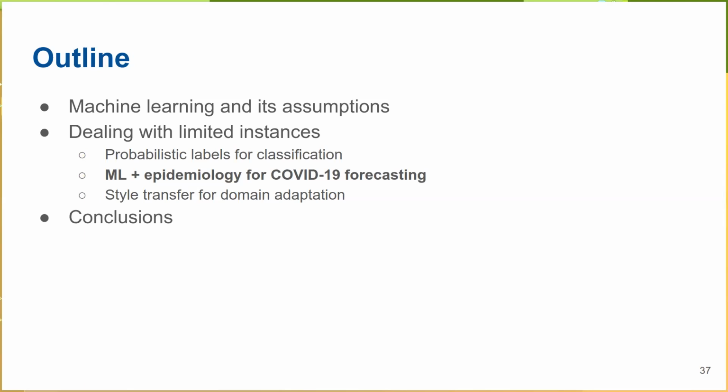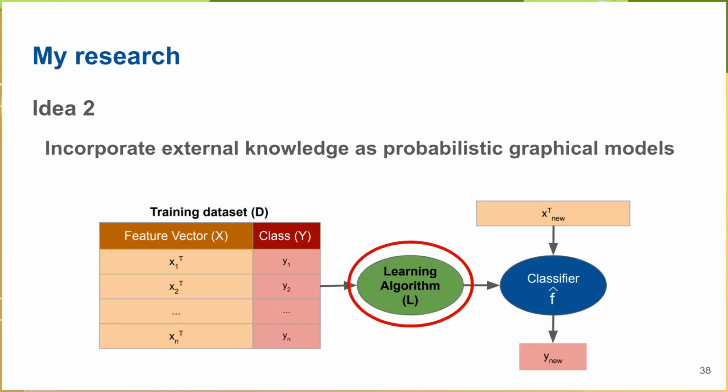The second task that I want to talk about is machine learning for the forecasting of the people who were infected with COVID-19. So as a reminder, this part is going to be how we incorporate the external knowledge directly into the model. And in this case, we're going to use a probabilistic graphical model.